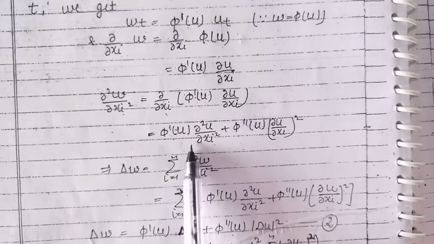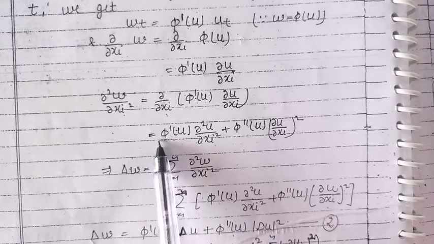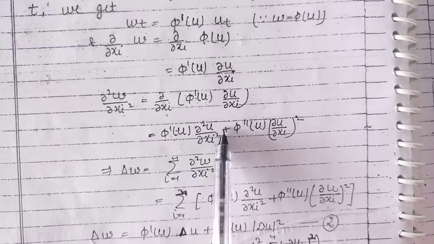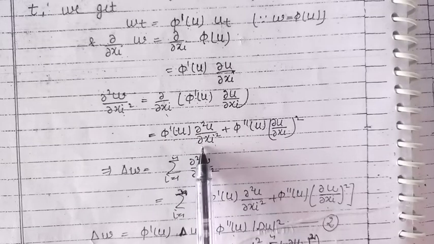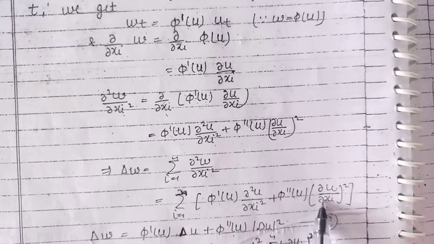On the right side, if we take summation, this will become phi dash u into the summation of del squared u by del x_i squared plus phi double dash u into the summation of (del u by del x_i) whole squared.